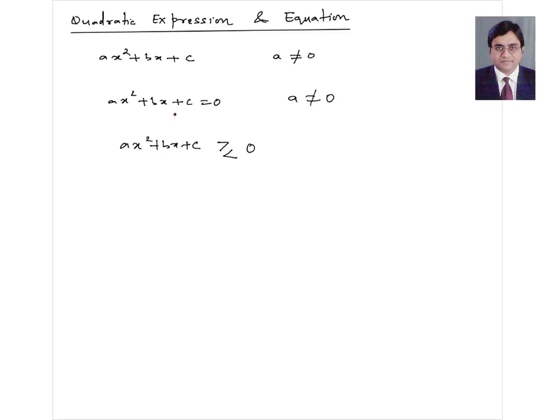Now, if we are talking about equation, then roots word is fine. Minus b plus minus root of b square minus 4ac divided by twice a. I would be talking about a, b, c as real numbers, though it is not necessary. But I will be primarily concentrating on a, b, c to be real numbers.